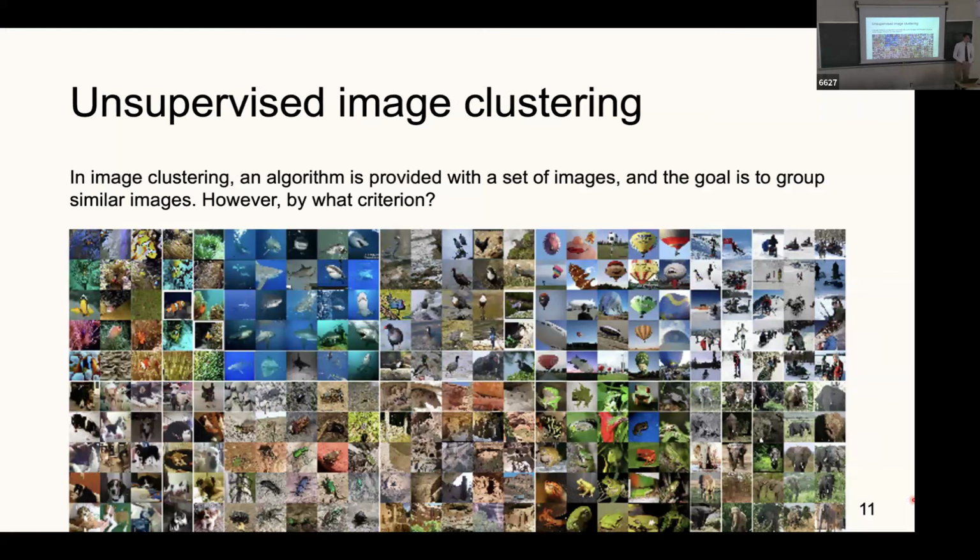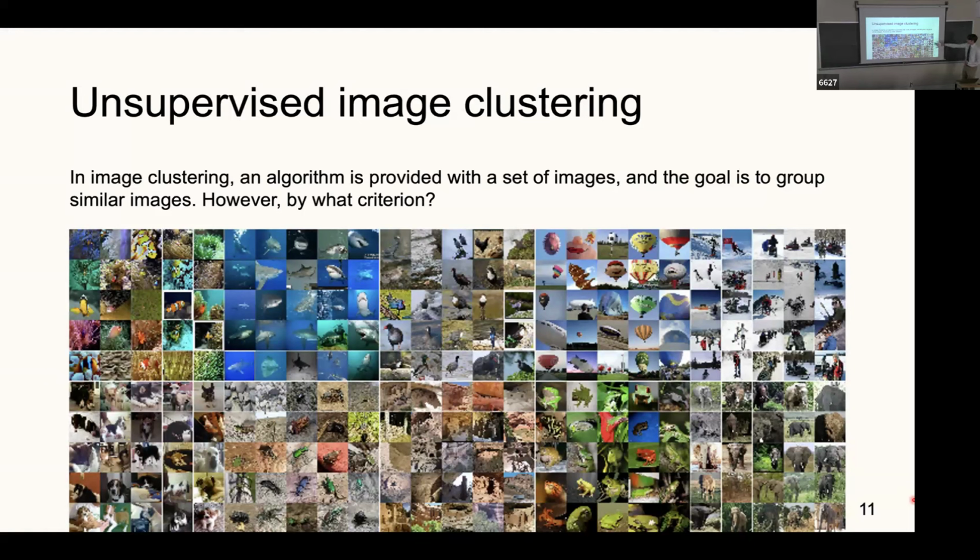Image clustering is a quintessential classical unsupervised learning task. What is the task? Well, you provide the algorithm with a bunch of images, and you make groups, or clusters, of similar images. But if you think about this task, it's actually fundamentally very ill-posed, because what do you mean by similar, right?